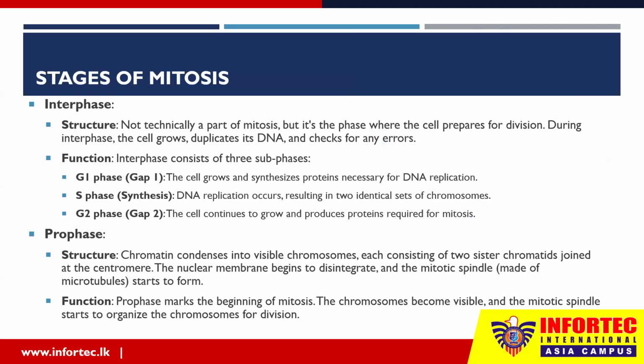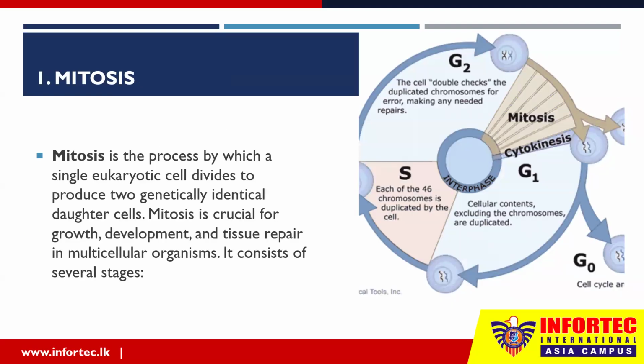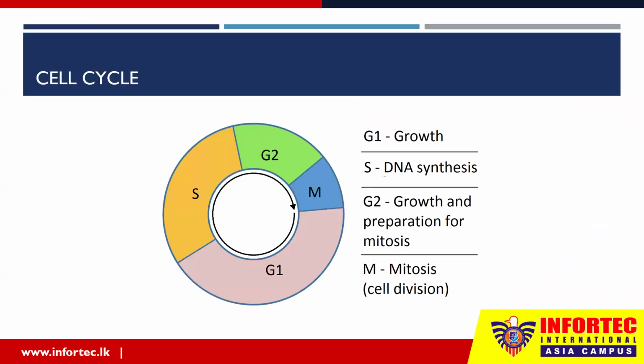The stages of mitosis. Mitosis and meiosis are in the M phase. Interphase is not related to the cell division part. It is just the stages of the cell cycle: G1, S, G2. It is just the growing phase. The division phase takes place in M, where we can identify two processes: one is mitosis, the other is meiosis.